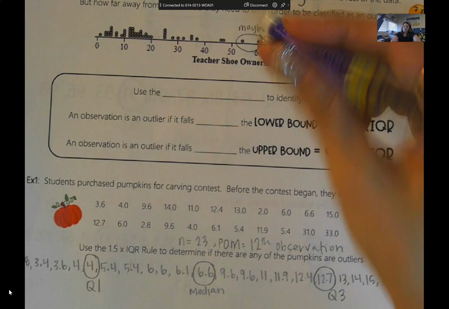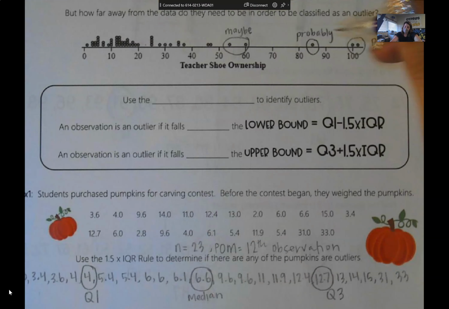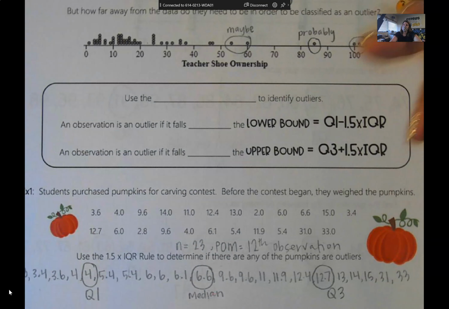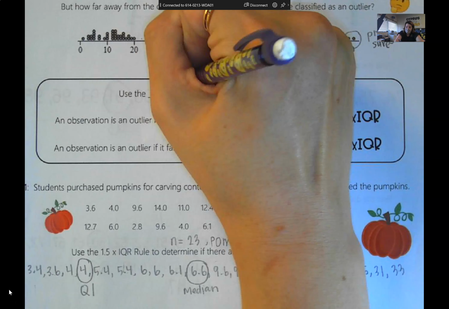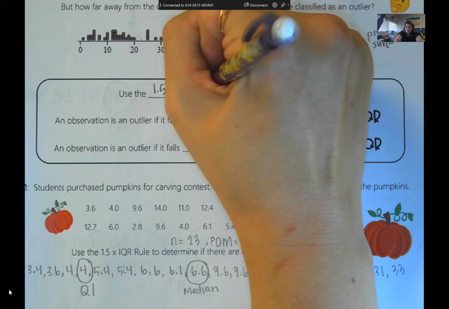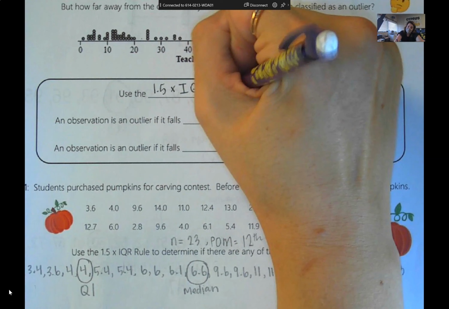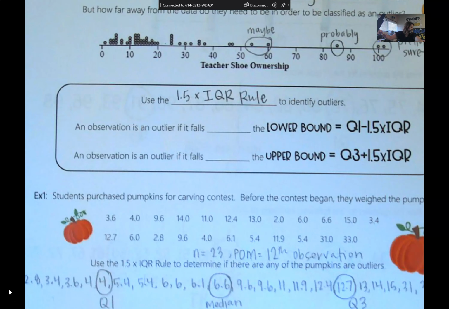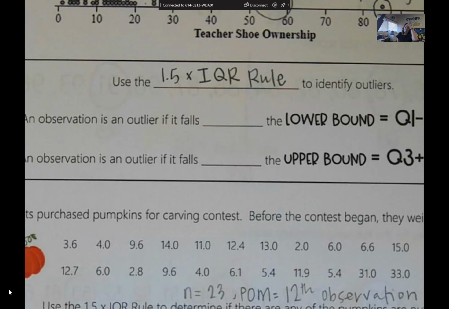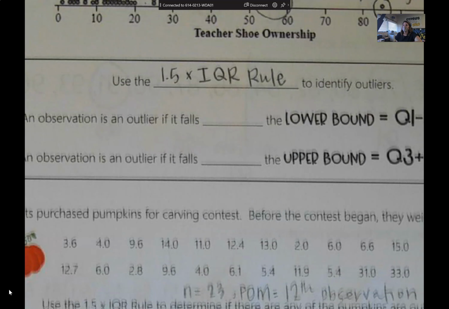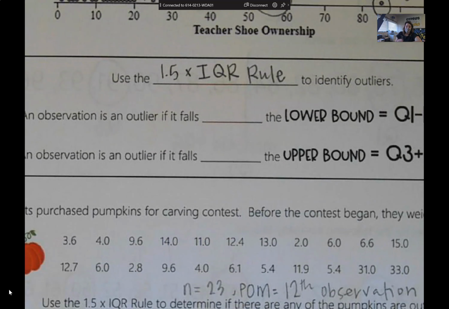So if we're going to find out if it is an actual outlier, we use the 1.5 times IQR rule. Well, IQR is not something that we have even talked about at this point.